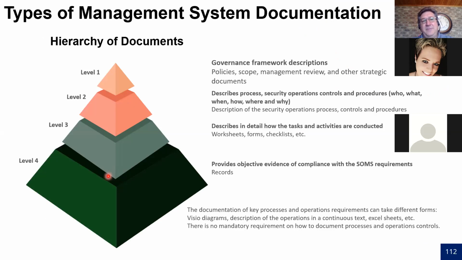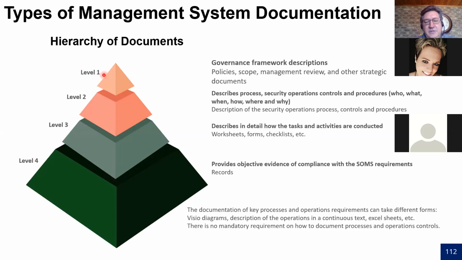I want to go over two types of management, and we are speaking here about a hierarchy of documents. Now, a hierarchy of documents is very important because you need to know what kind of document is a level 1 document, and you need to be able to go and classify those. Secondly, what is a level 2 document? What is a level 3 document? What's a level 4 document?